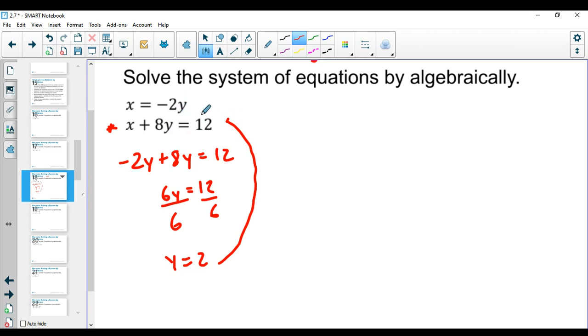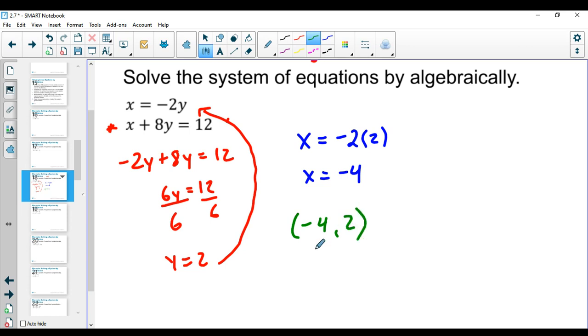The top looks easier for multiple reasons, not just because it has less stuff, but I'm looking for x, and x is already solved for up here. So x equals negative 2 times y, but we just said y is 2. So I'm going to substitute in or replace y with 2. And then I get x equals negative 4. So then our answer would be the combination, x value first, negative 4, and then y value 2.